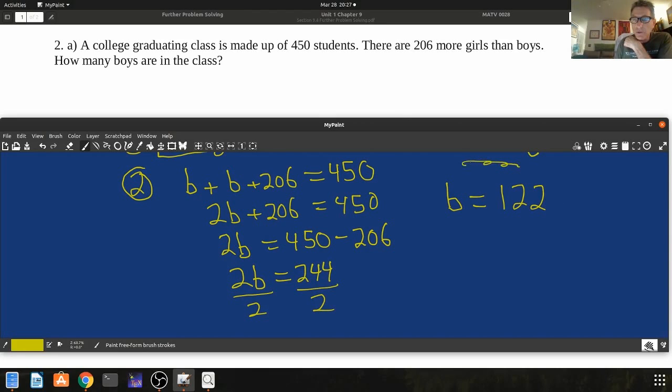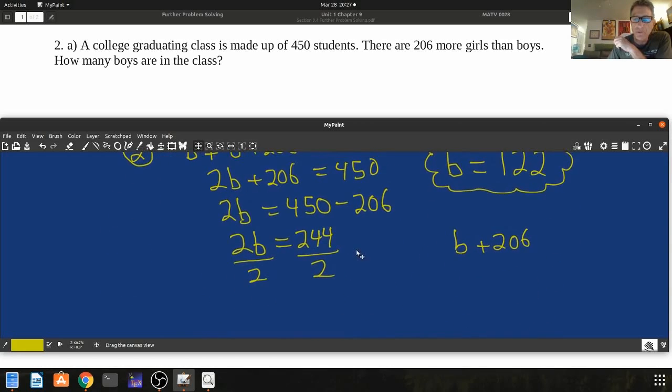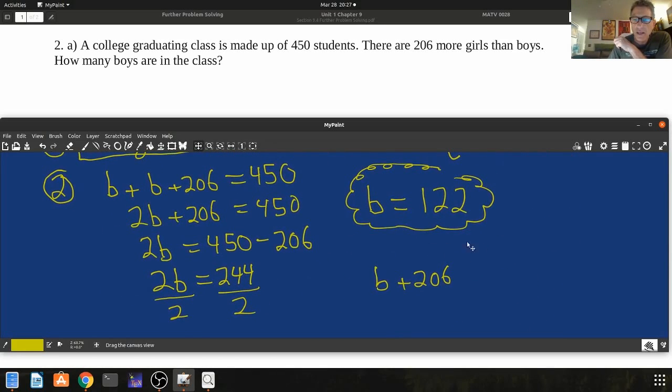So there's one partial answer. And the number of girls was equal to B plus 206. Isn't that right? Let's see, that's what we had. Yeah, B plus 206. And that's going to give us the number of girls.